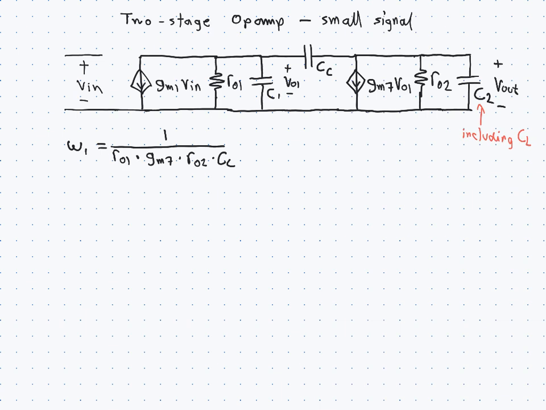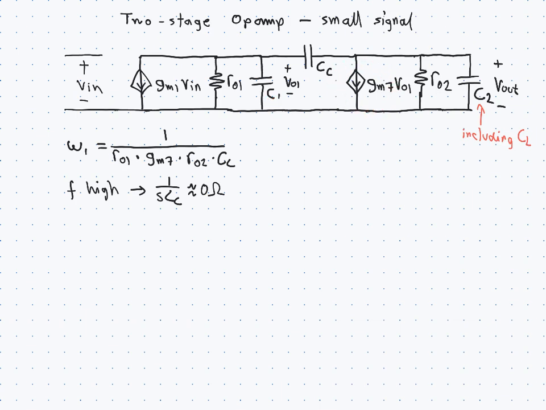Now, when the frequency is fairly high, which means that the impedance of the Miller capacitance is fairly low, the Miller capacitance will essentially short circuit the two stages, and that means that the second pole of the amplifier is going to be determined by the capacitance C1 and C2 and the transconductance for that.